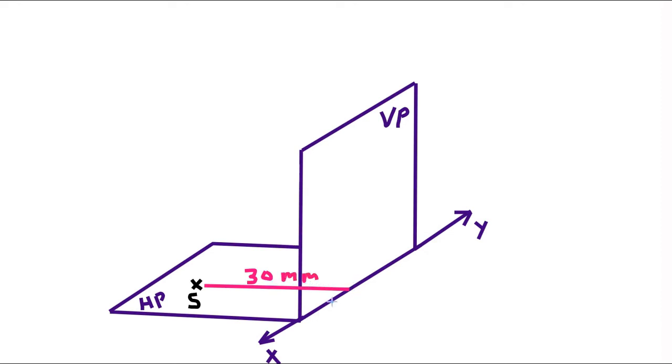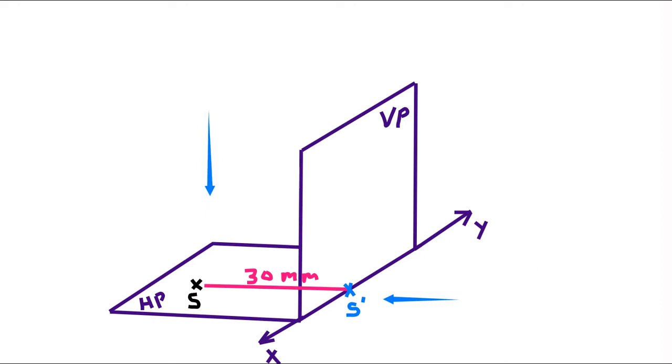Now we know that the viewing direction for the front view is this one. So we will get the front view of point S on XY. So this point will be the front view of point S, that is S dash. Also the viewing direction for top view is this one.